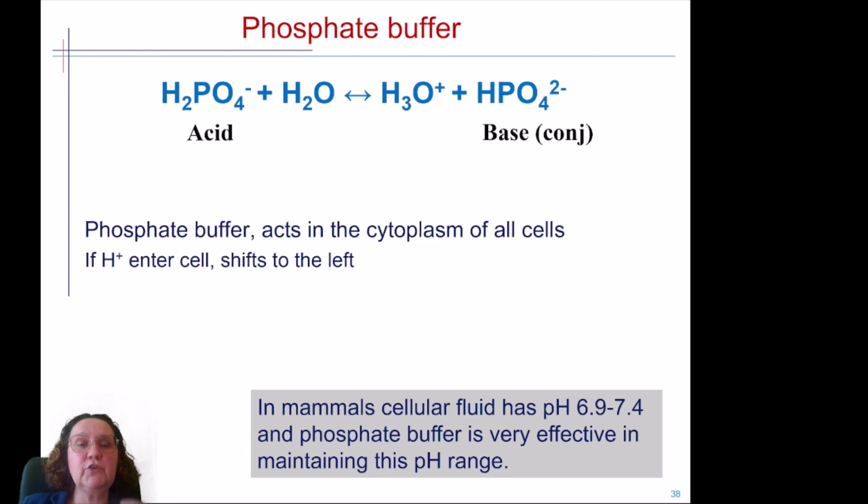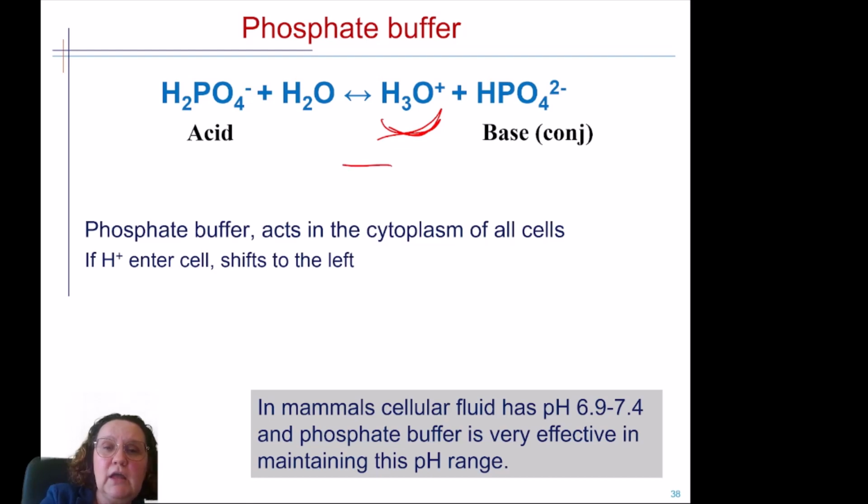And it's very effective at that. And what happens? Well, you have this particular equilibrium, you have dihydrogen phosphate that reacts with water to give you hydrogen ions and hydrogen phosphate anions. So it's in the cellular fluid, and if there are more hydrogen ions because they are entering through the cell walls, then the equilibrium will shift, it consumes those hydrogen ions, it will move towards the left.